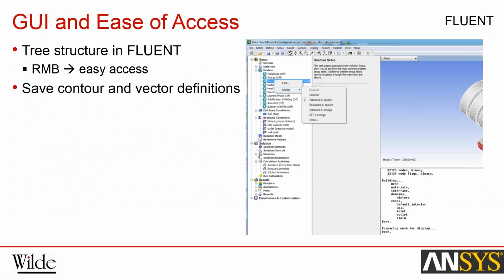But now in R16, you can save that. You can save those definitions of contour and vector plots, such that when you run iteration 2 or iteration 15 of your analysis, you don't have to go back and set that up again. So, again, streamlining the workflow and just making things a little quicker for our user base.